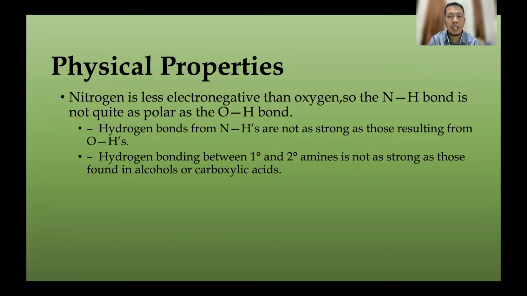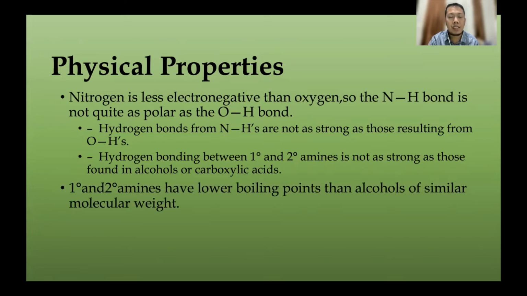Now in here, we have the N-H bond. Hydrogen bonds from N-H are not as strong as those resulting from the O-H group. So hydrogen bonding between primary and secondary amines is not as strong as those found in alcohols or carboxylic acids.